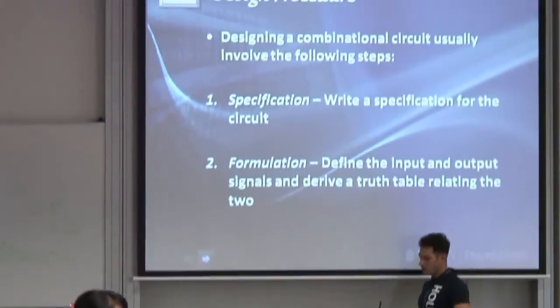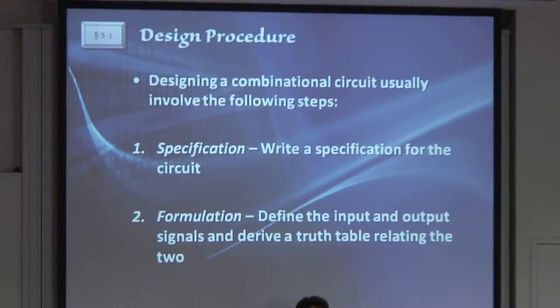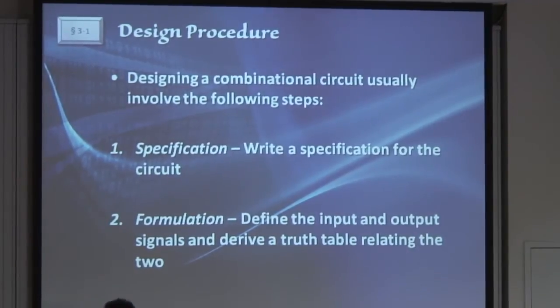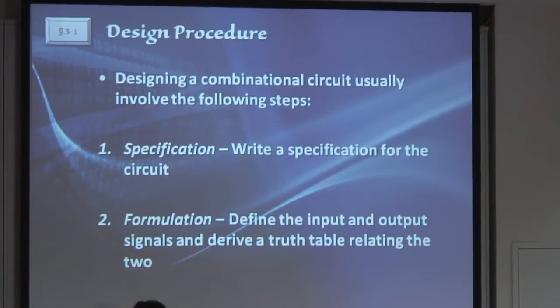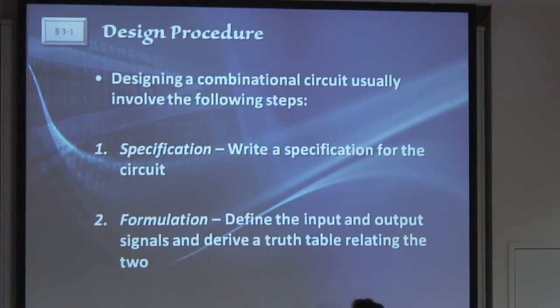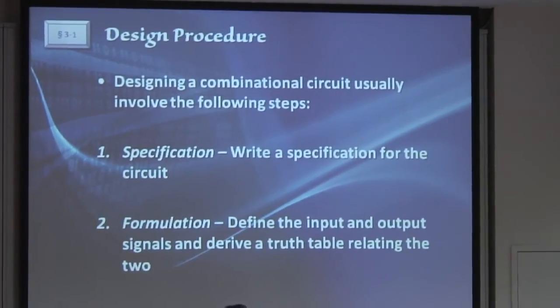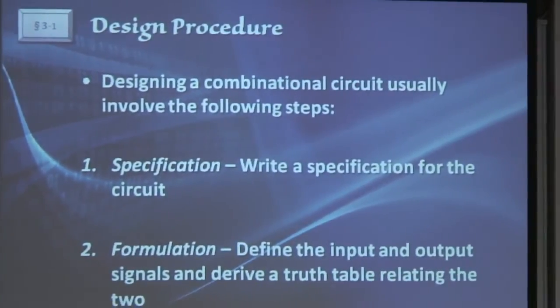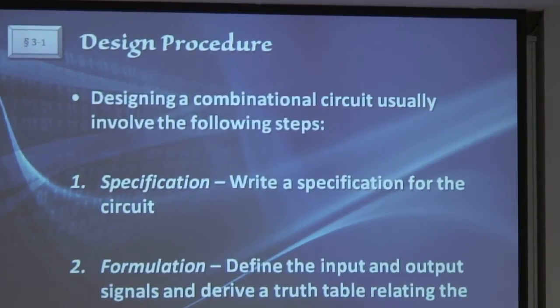So once this problem is handed to you, you have to formalize the problem in terms of a truth table or in terms of engineering terms. So something very specific, very unique that you can actually work with and build a circuit. This is what we call the formulation process, where you take this English description of a problem and say, okay, these are my inputs, what am I doing with them, how do I relate those inputs to the outputs.